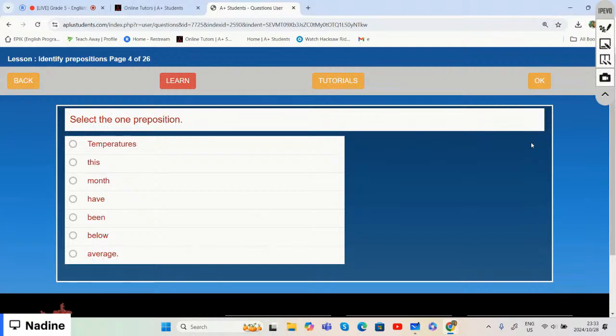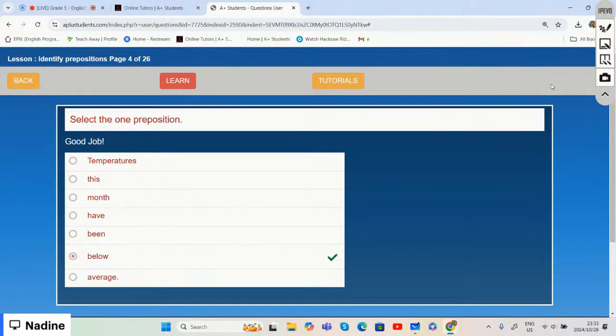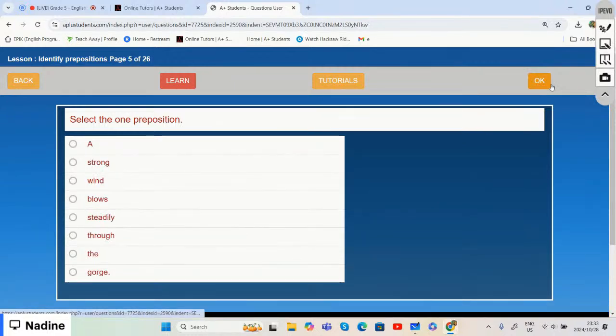If we were to select our preposition within the sentence, then we can say below is our preposition within the sentence.